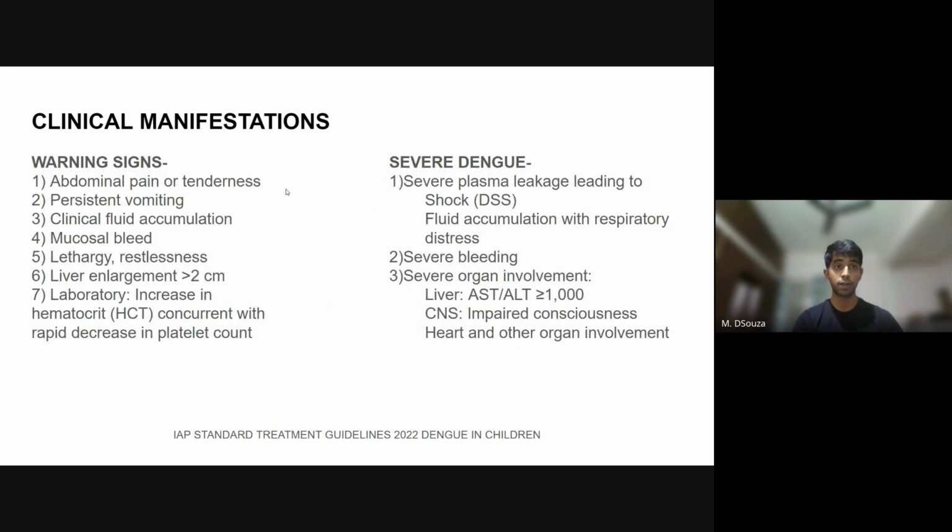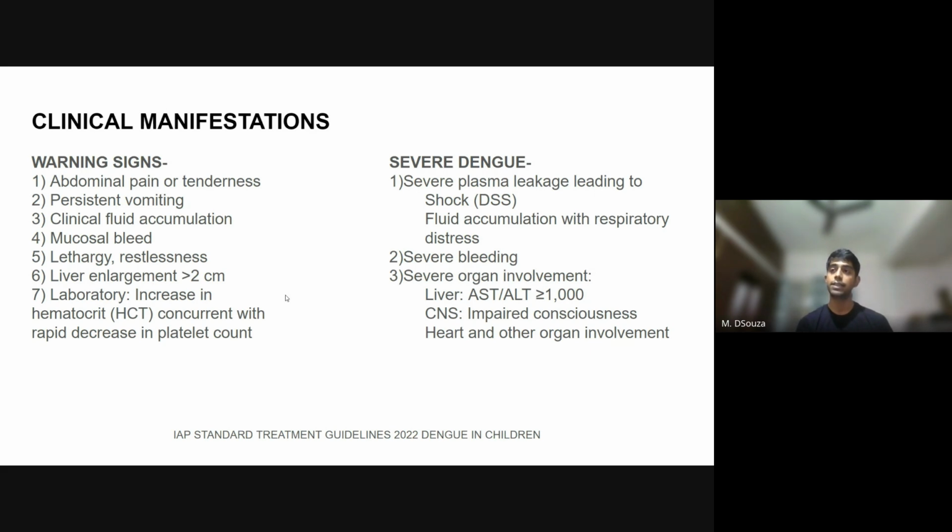Things to note are warning signs and what is defined as severe dengue. So child with pain abdomen, persistent vomiting, with any signs of third spacing. So as we've defined earlier, dengue can lead to vasculopathy, which leads to leaky capillaries, where your capillaries are not able to hold the blood volume and a lot of plasma tends to leak out.